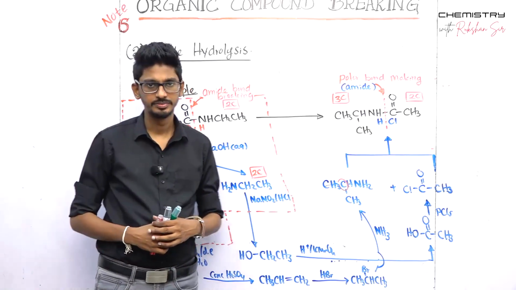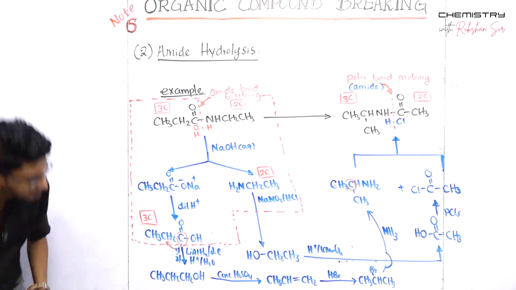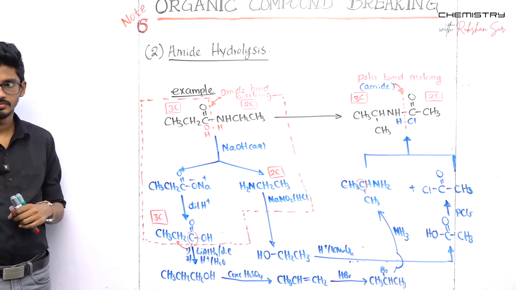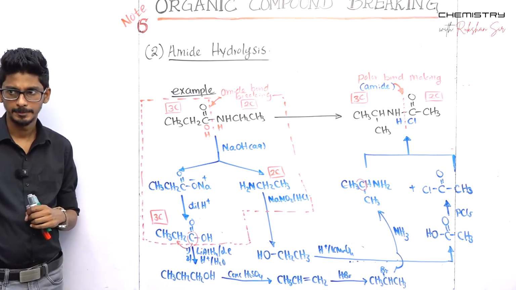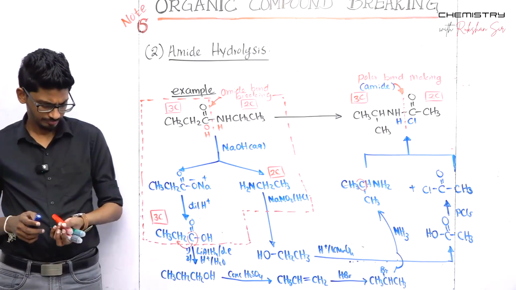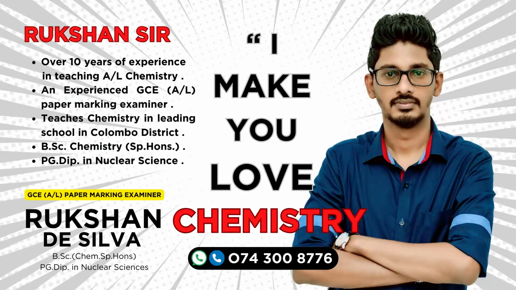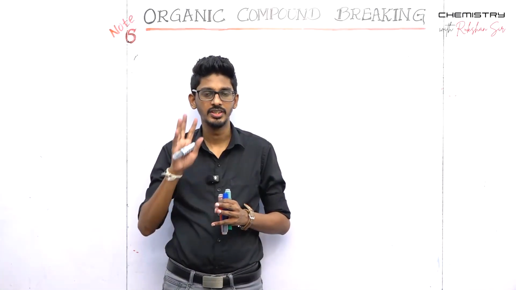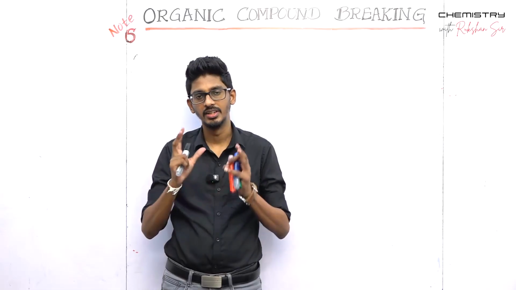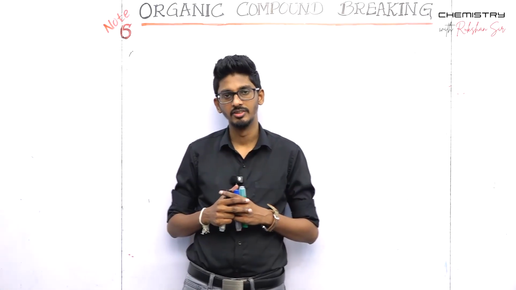Let's copy this stuff. There are three types of bond breakings available to copy smaller compounds from larger compounds in the syllabus.